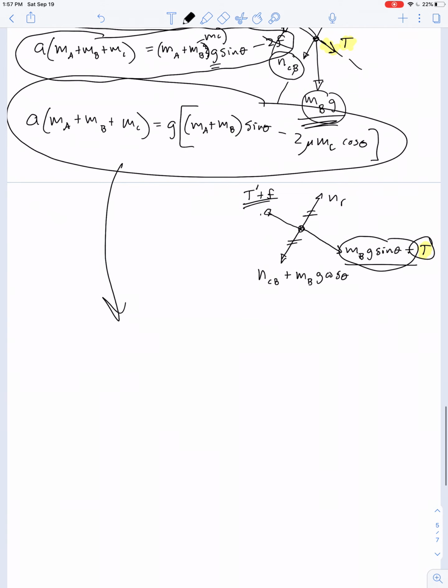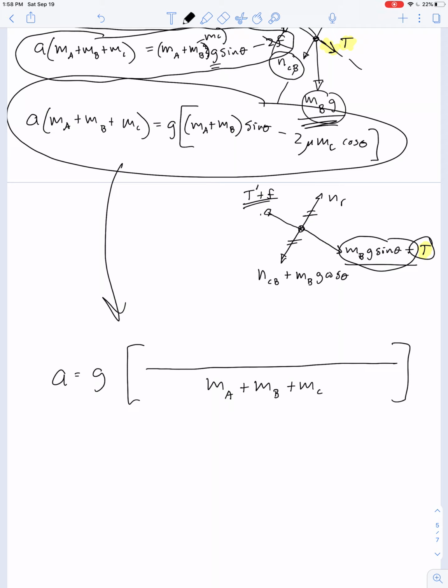Let's rewrite that. A is equal to G times the quantity, and it's no surprise in the denominator is nothing more than the mass of the whole system added up.